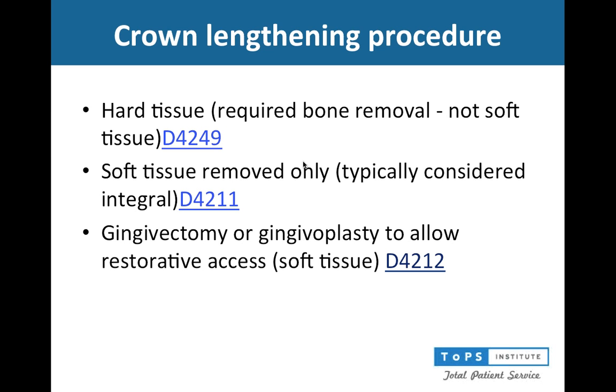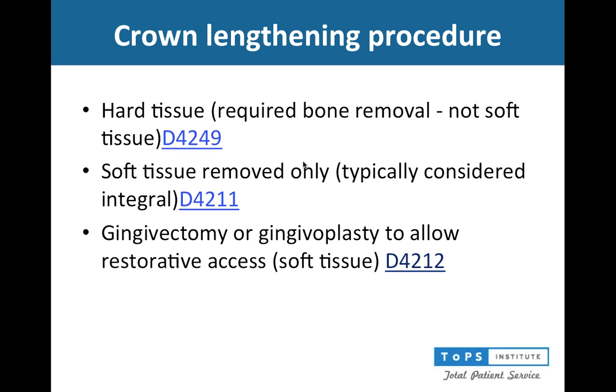One of the opportunities that we have been exposed to in the past is your hard tissue crown lengthening procedure, the D4249 code. Anytime that the crown is too close to the bone and the doctor has to reshape that for a good fitting crown, it is a wonderful opportunity to use that code.